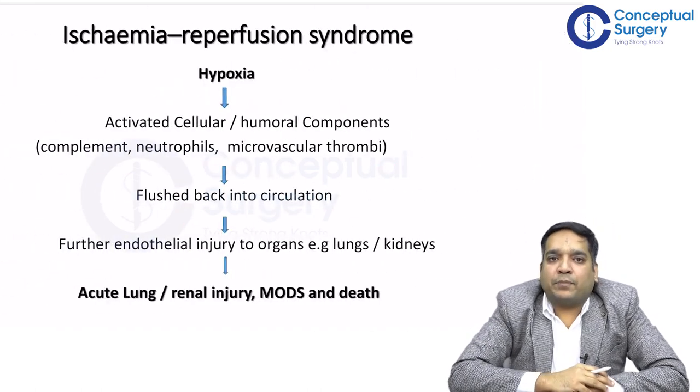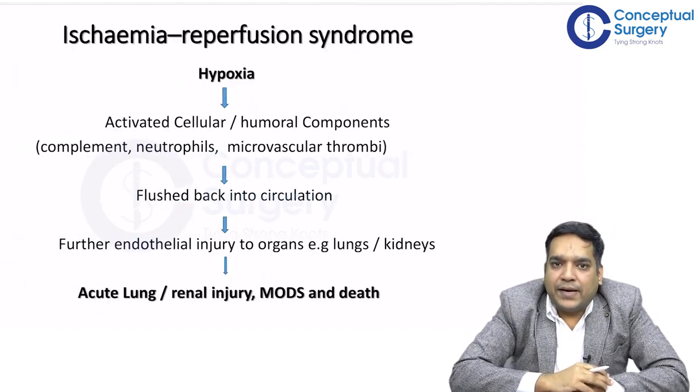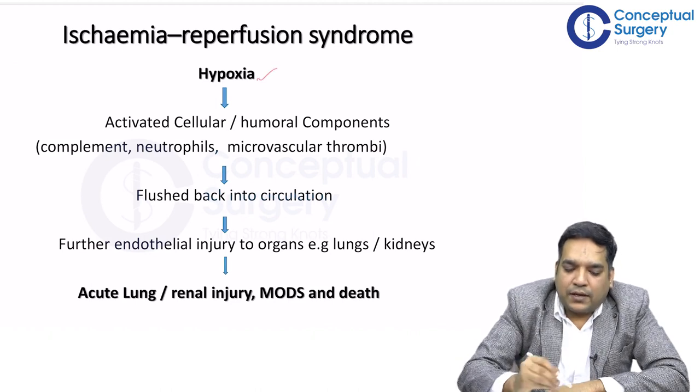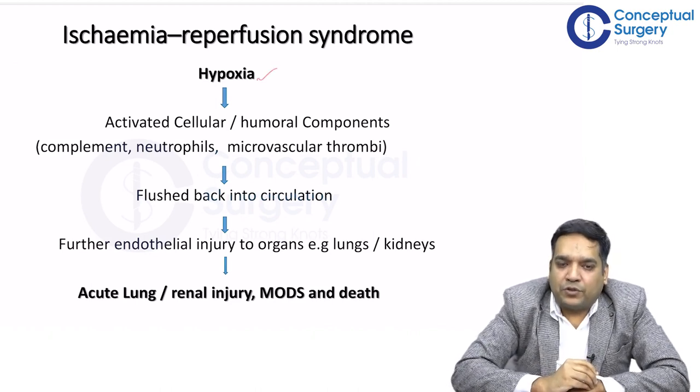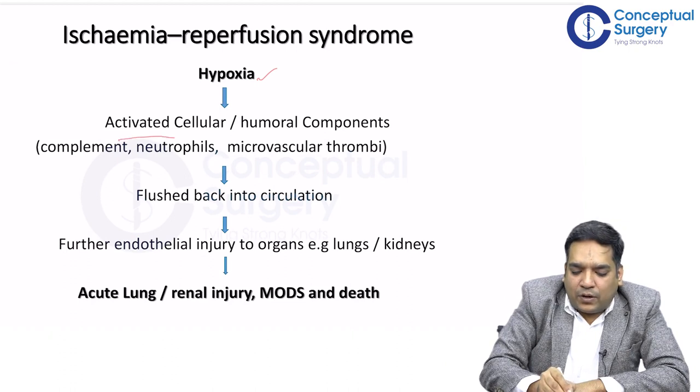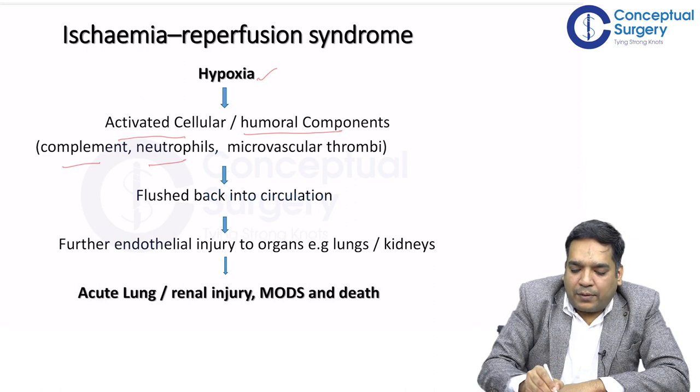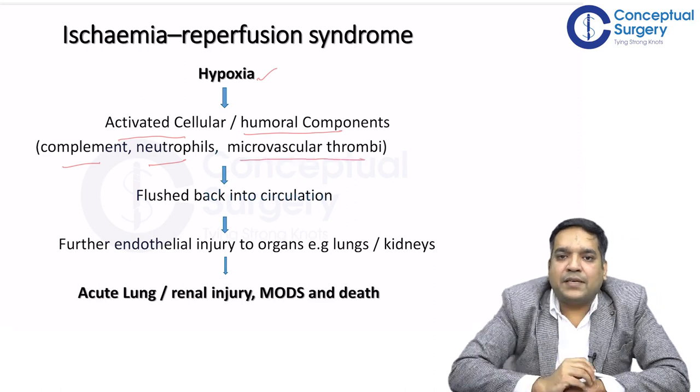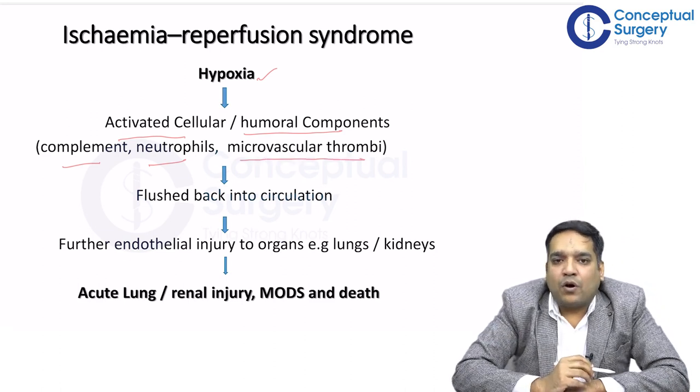So, further explaining ischemia reperfusion syndrome, it is seen that hypoxia because of low tissue perfusion leads to activated cellular and humoral components, which are complements, neutrophils and microvascular thrombi. Basically, these are the pro-inflammatory markers, or signs of pro-inflammation.